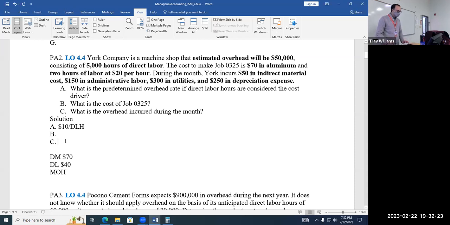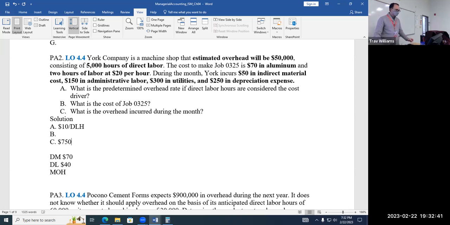So the overhead costs incurred for the month are $750. But what were the overhead costs applied to this particular job?